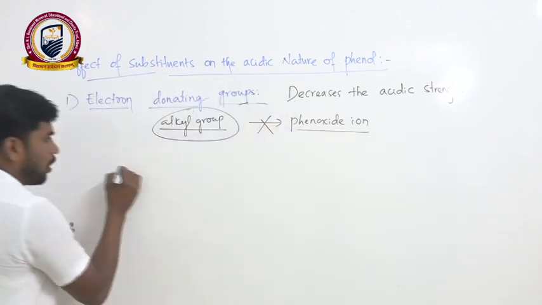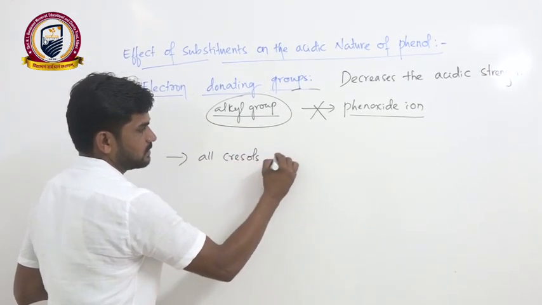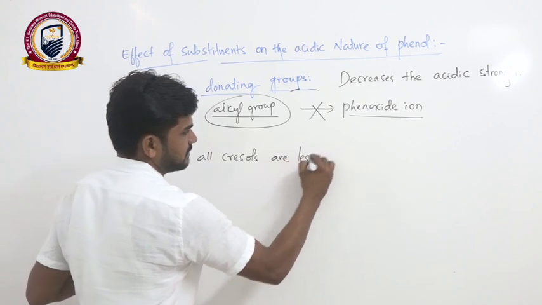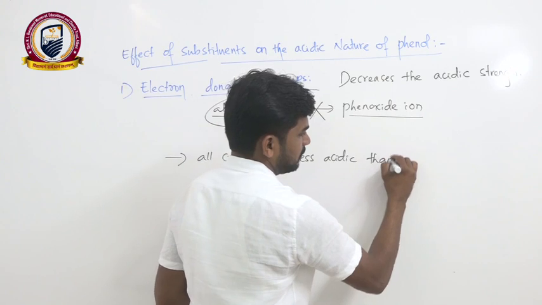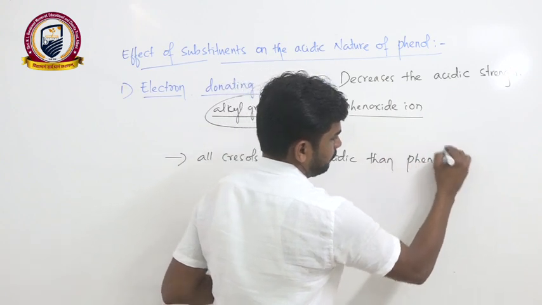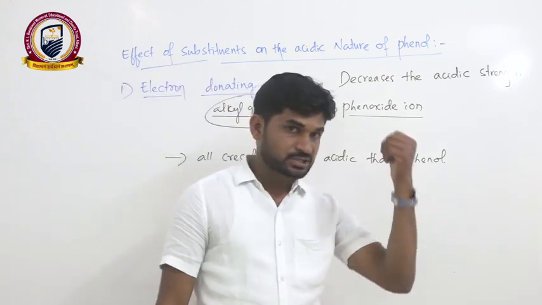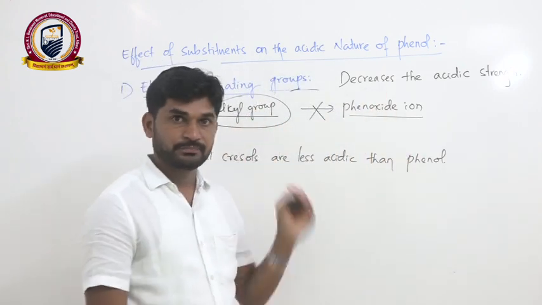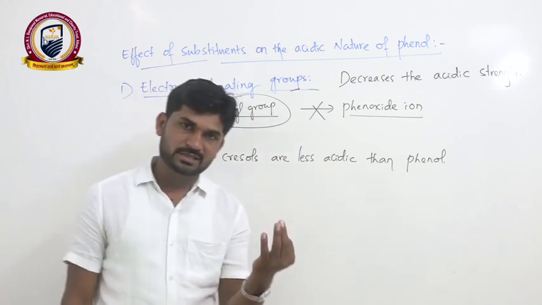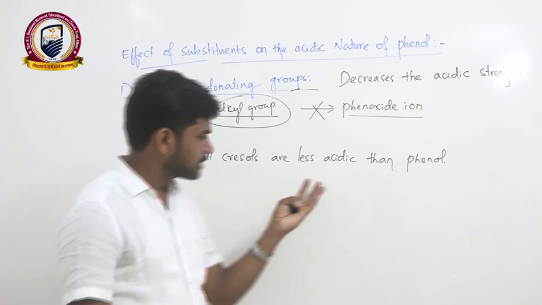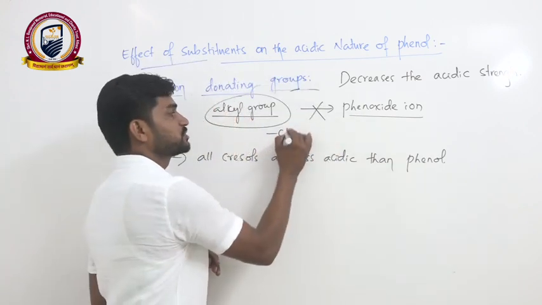So for that reason, all cresols are less acidic than phenol. As I told you in the nomenclature of phenols, I explained orthocresol, metacresol, and paracresol. Their substituent is the CH3 group.